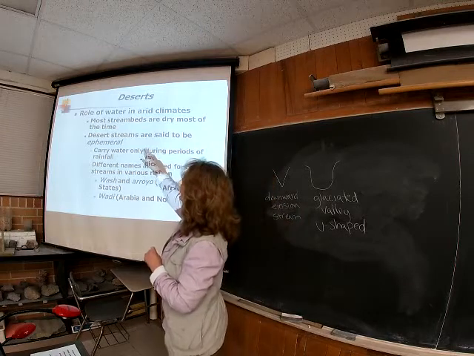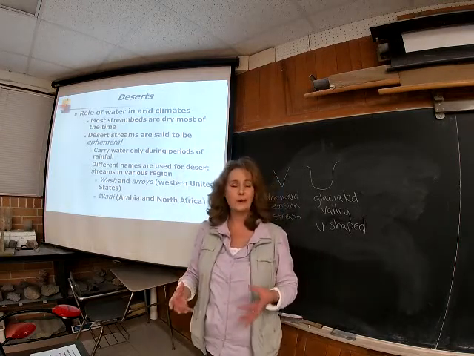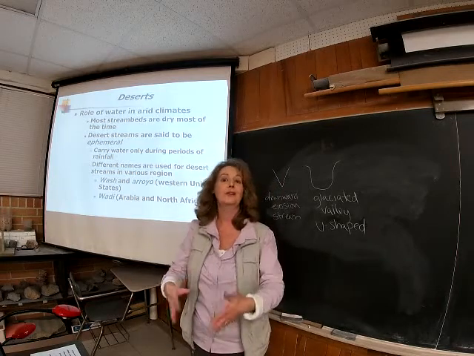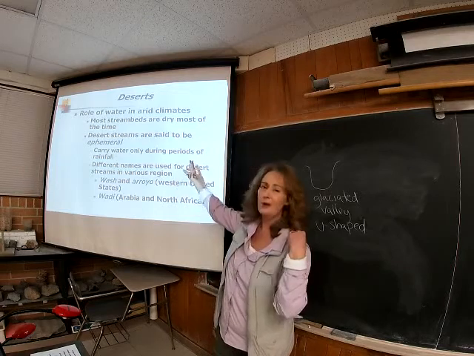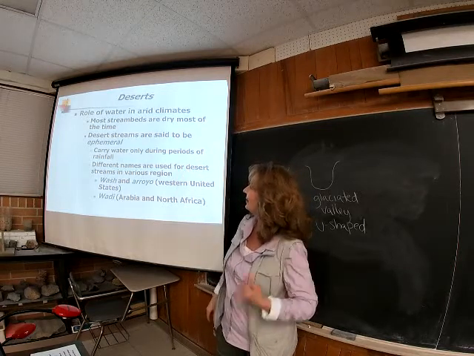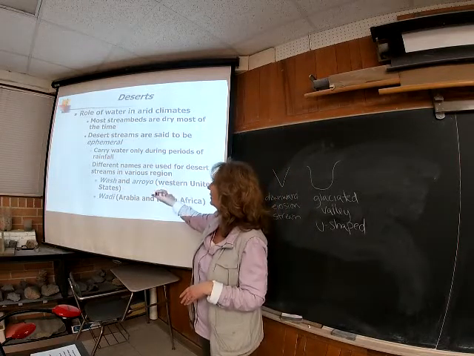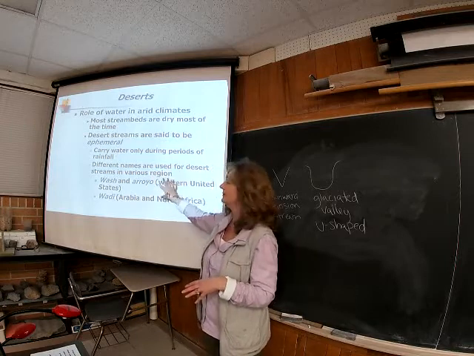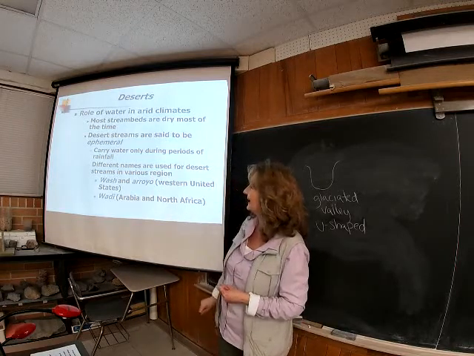So what we call our desert streams are called ephemeral. They're dry most of the time, but they'll carry water when they get the rain, only during the periods of rainfall. So that's called ephemeral. Pretty much dry all the time until the water comes. But different regions will call them different names, and you don't really have to remember all these different names.